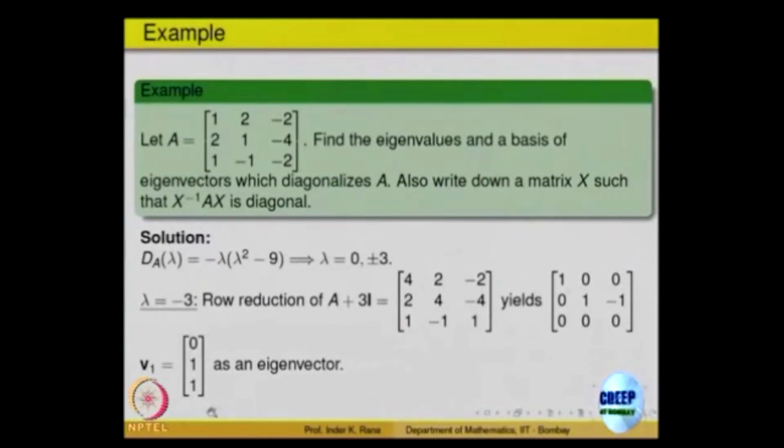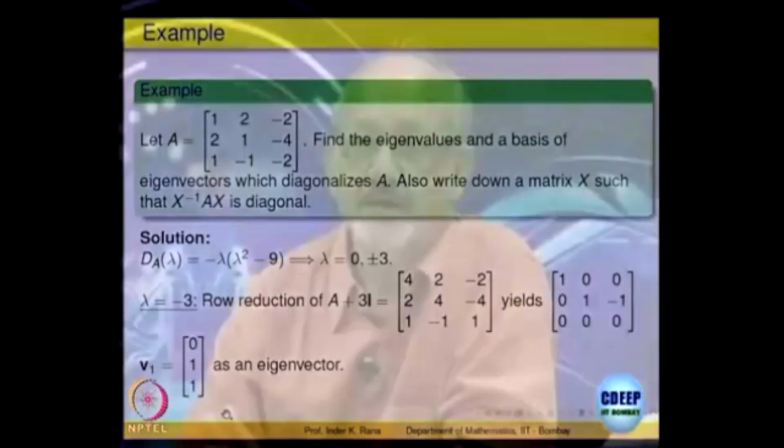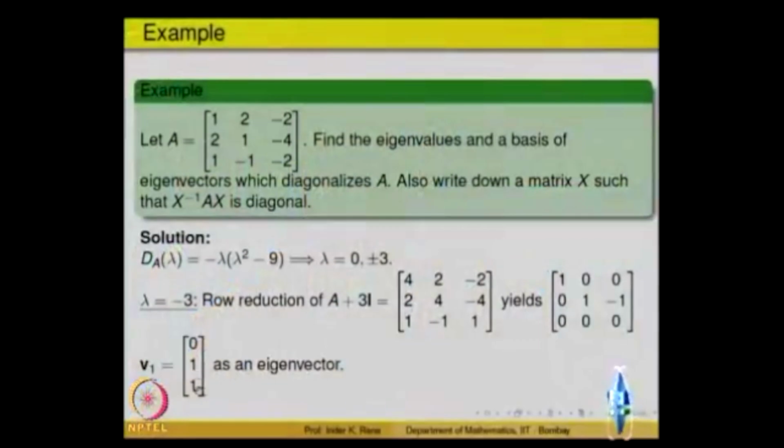So (0, 1, 1) is an eigenvector, clear. Once you have gotten the reduced row echelon form, writing down the basis for the eigen subspace, the null space, is quite easy. So for the eigenvalue lambda equal to minus 3, (0, 1, 1) is an eigenvector, right. Or you can also say the null space is spanned by this vector; a scalar times this will also be an eigenvector. So for lambda equal to minus 3 we have found it.